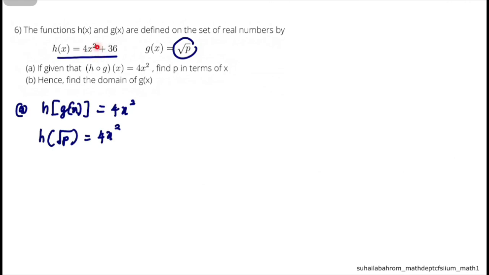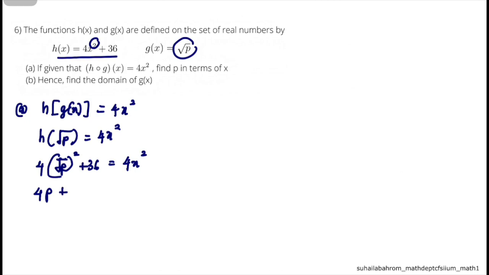So we need to substitute x with the square root of p. So you will get here 4 times the square root of p squared, because we do have squared here, and then plus 36 is equivalent to 4x squared. Square root of p and then squared, you will just get p.